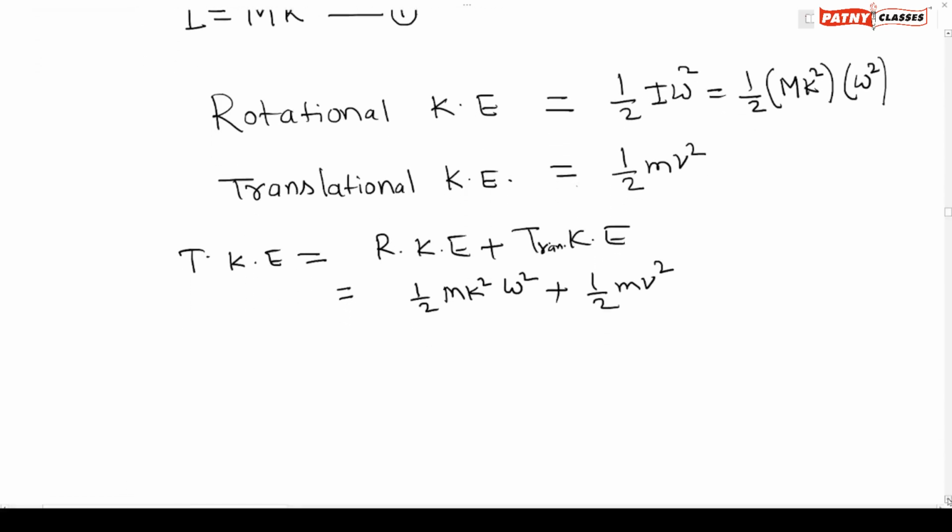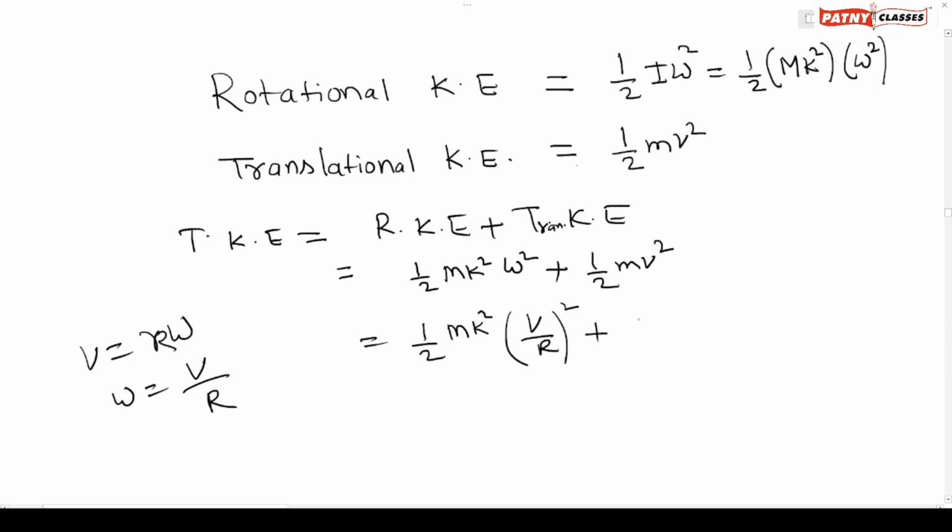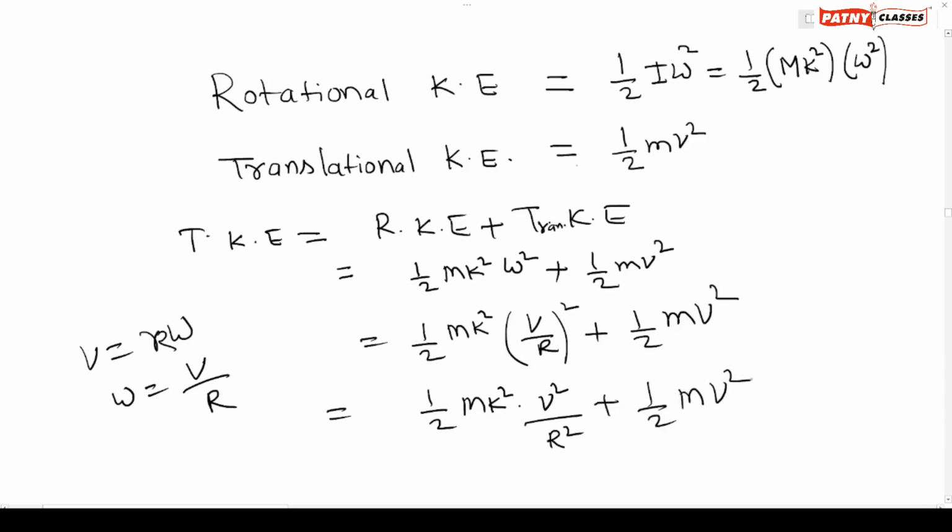One more thing: v equals r omega, therefore omega equals v upon r. So this becomes half M k square times v upon r whole square plus half M v square, which equals half M k square v square upon r square plus half M v square.